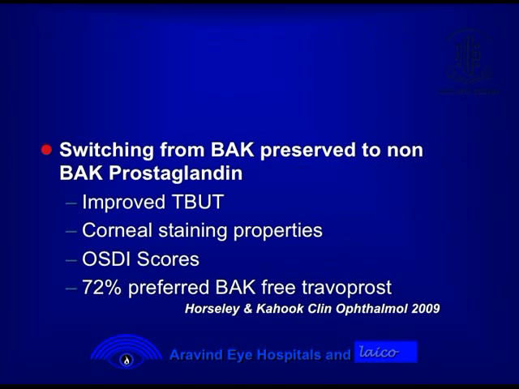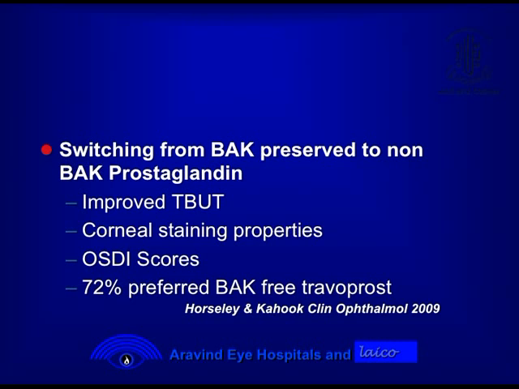Now, switching from the BAK preserved to non-BAK prostaglandins seems to improve the tear breakup times, corneal staining properties, and the barrier function, as well as the ocular surface disease index scores.